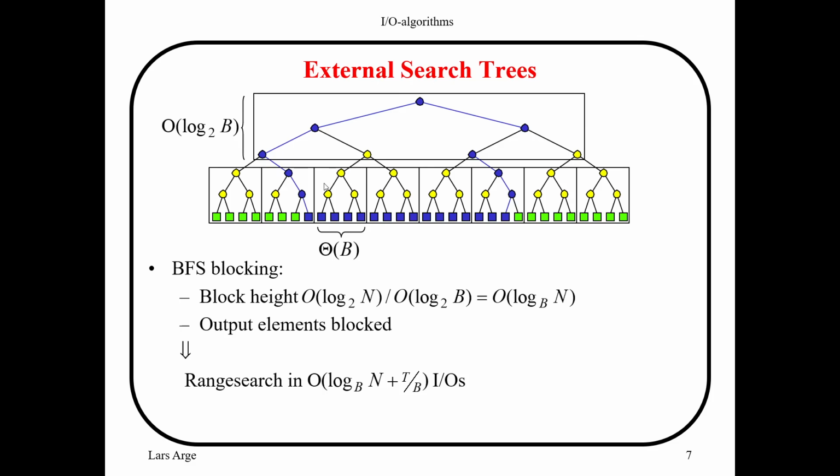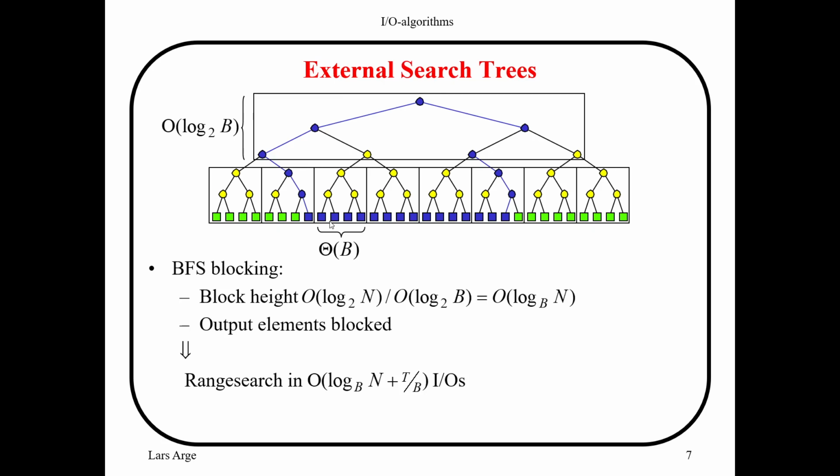The leaves will also be in one block, and in particular, if this tree is balanced, then the number of leaves in this subtree is roughly half of the number of nodes in that subtree. So if there are roughly b elements inside this block, there are roughly b over 2 leaves inside that block. In other words, the leaves will also be very nicely blocked.